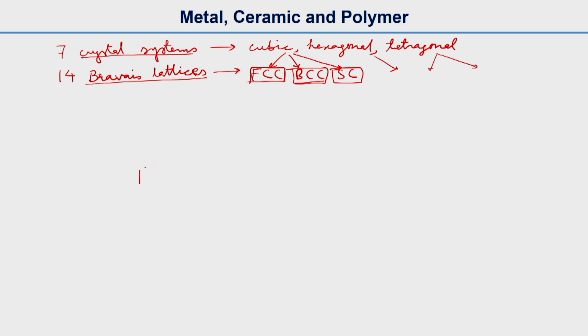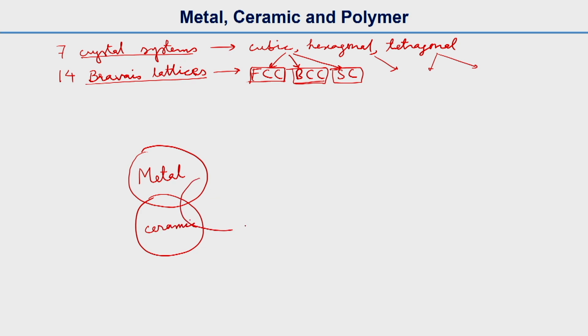But in this slide we will mostly discuss another classification. I will write metal, which includes metals and alloys, and then another one is ceramic. Ceramic will include, as you know, the glasses, and the third one is polymer. These areas overlap, and the common areas we can represent as composites.